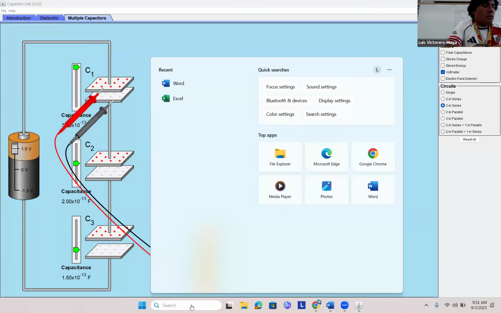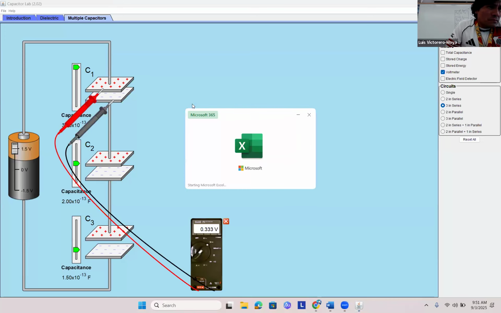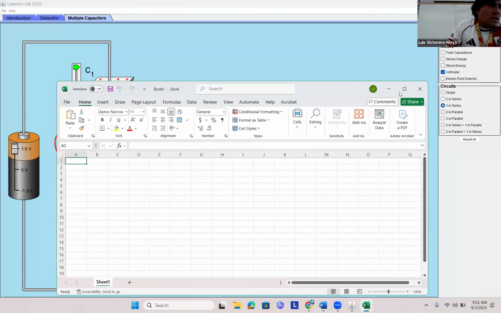So in the manual, it says that you should do a table. You could do one in Excel. If you're doing it by hand, it's fine. But you can put here capacitors in series and then just show what values of C1, C2, C3 you have.